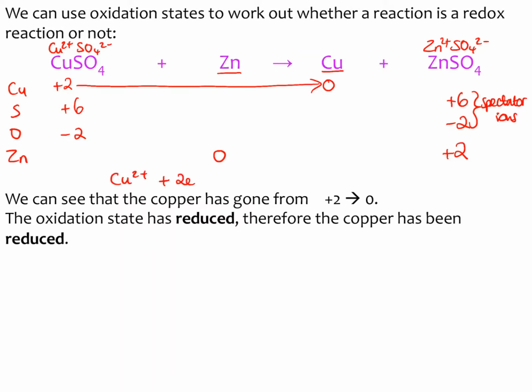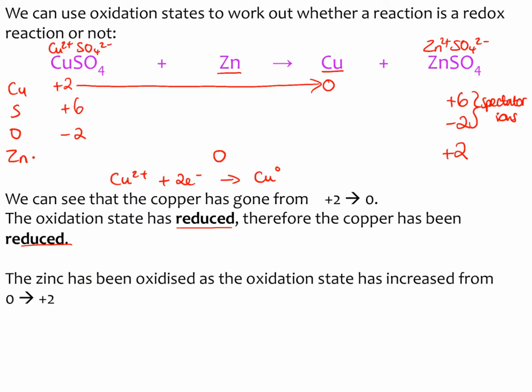Cu2+ would have to gain 2 electrons to become Cu0. And we know a gain of electrons is reduction, and therefore that must be correct. The zinc has been oxidised. The zinc has had an increase in oxidation state from 0 to +2.